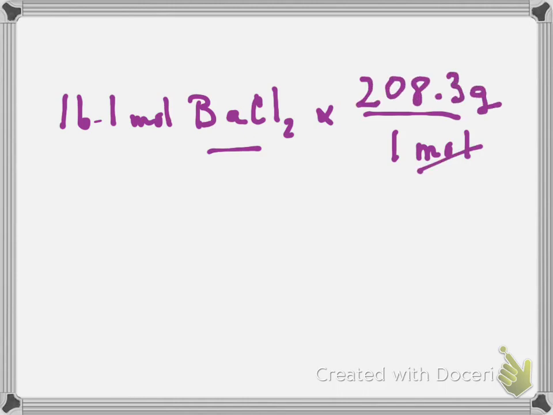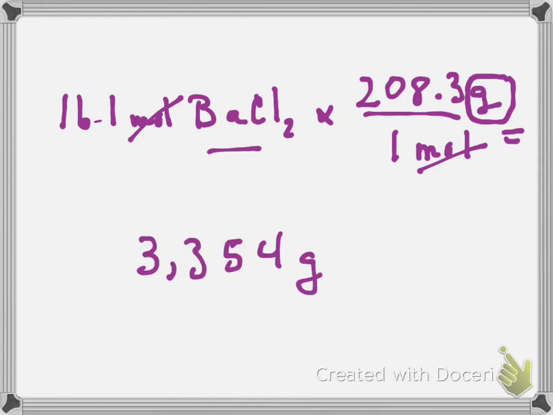I should have shown my unit cancellations in the last one. This unit at the beginning will cancel the unit in the denominator, and I'm left with just the unit I want, which is grams. And the answer here is 3,354 grams.